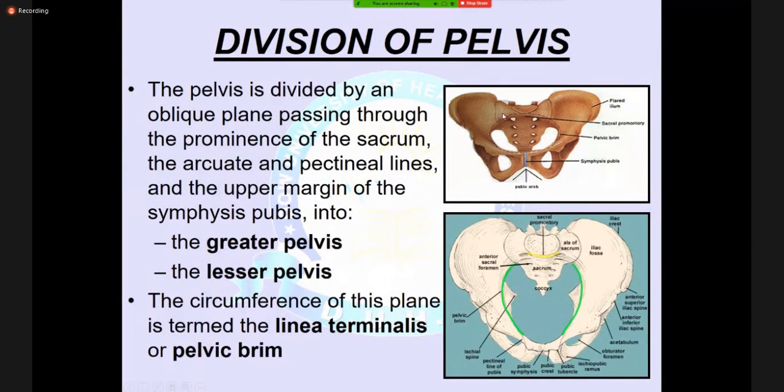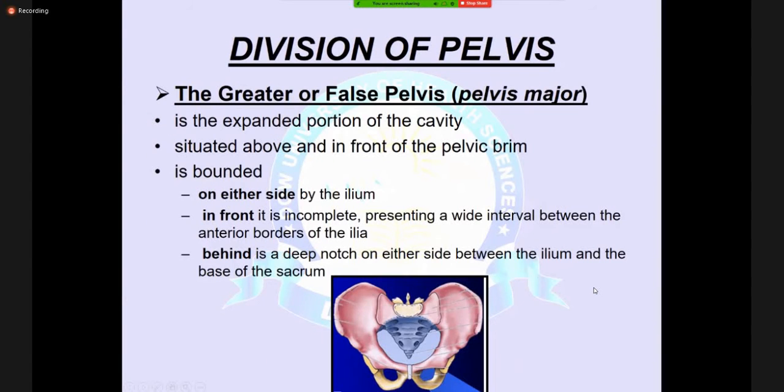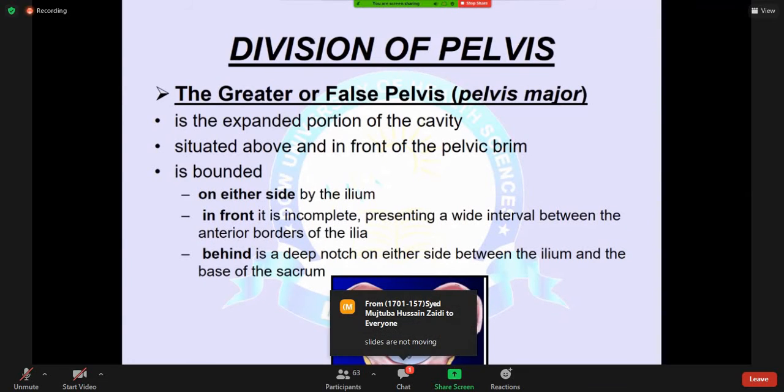The circumference is called the linea terminalis or the pelvic brim. The pelvis major or the false pelvis is the expanded portion of the cavity over here. And you can see that it's situated above and in front of the pelvic brim. On both sides, we have the two ilia, the iliac bones.